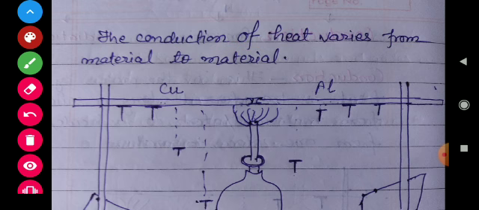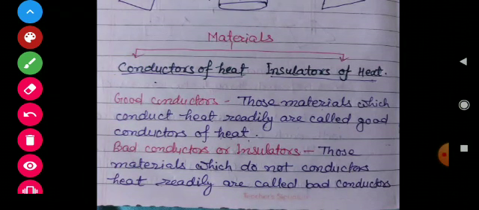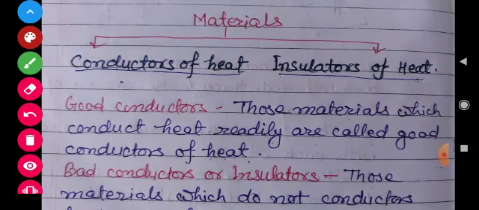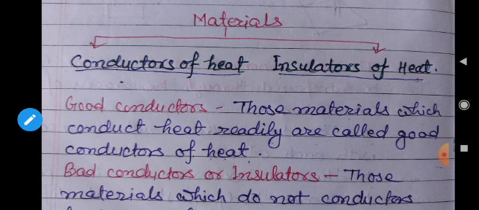After this we can say materials can be categorized into two types: good conductors of heat, or simply conductors of heat, and insulators of heat. So what are good conductors of heat?